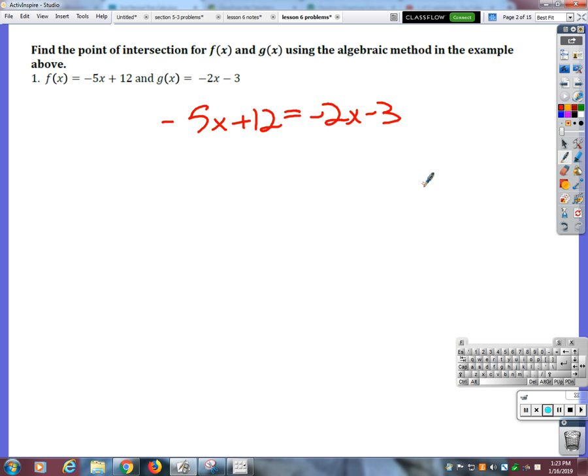Okay. Weston says let's add 5x. We could, slow down there, big guy. We could have added 2x to both sides if we wanted to. It didn't matter.